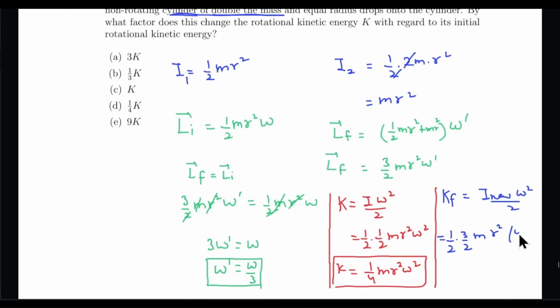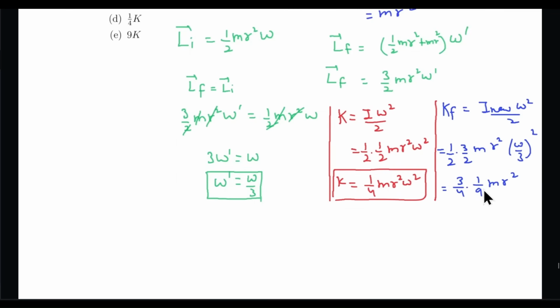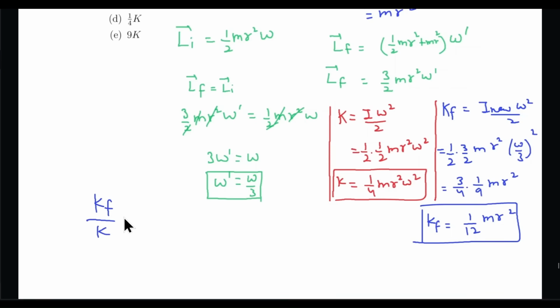So mr square and omega over 3 square. So 3 square is 9 and 3 is over here. So 3 over 4 times 1 over 9 times mr square. 3 over 9 is 1 over 3. 4 times 3 is 12. So it's 1 over 12 mr square omega square. This is the K final. And all we need to do is now take the ratio of these two. So K final over K initial will be equal to 1 over 12 mr square omega square.